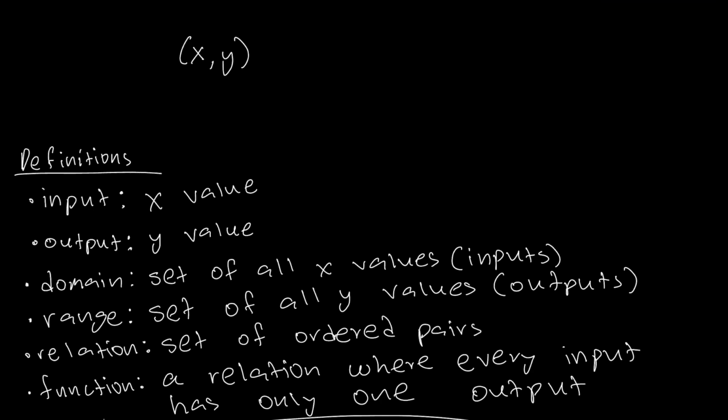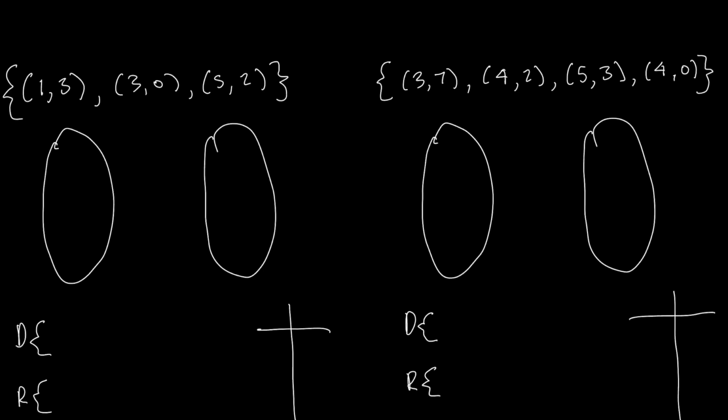All right, and if this function definition compared to a relation seems a little confusing, no worries. Let's take a look at it in some actual problems. Okay, so let's take a look at this left relation right here. In accordance to a relation, we have a set of ordered pairs, and in this case we have three.